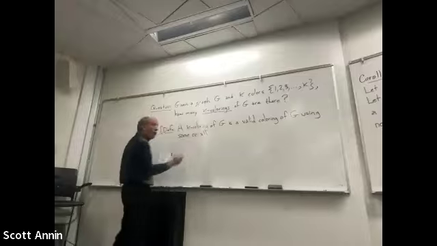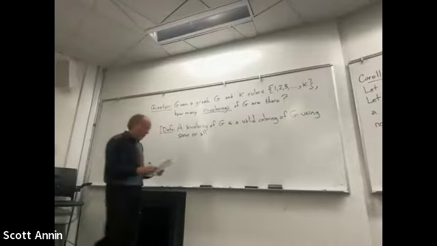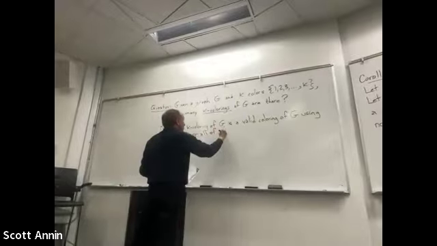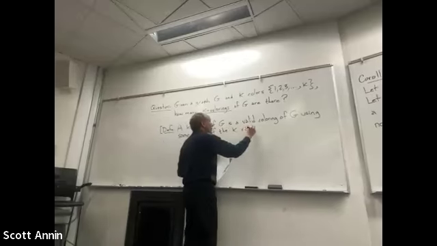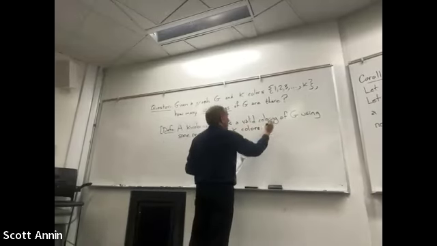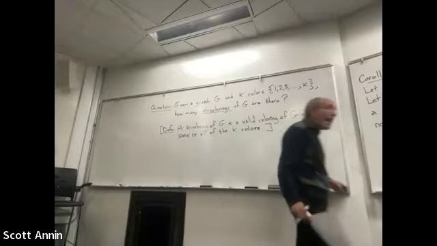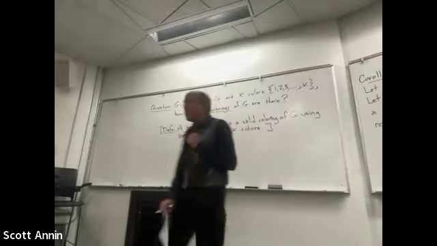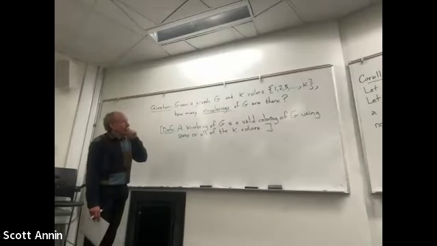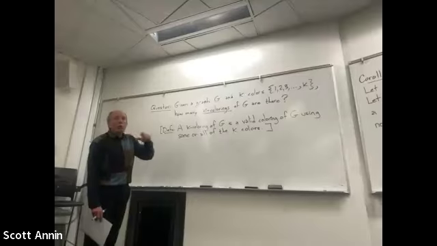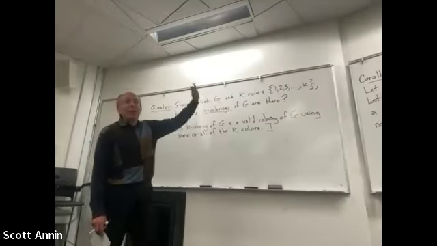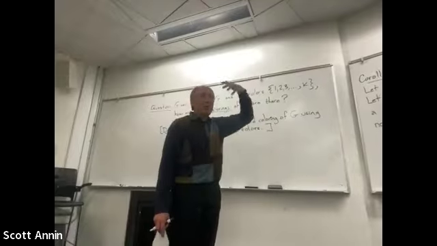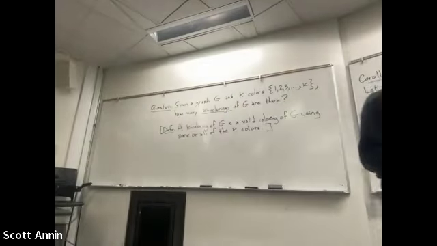Notice I said some or all. You don't have to use all the colors. So K might be 5, but it doesn't mean I have to use all 5 colors. I might only use 4, 3, 2, or 1 color.